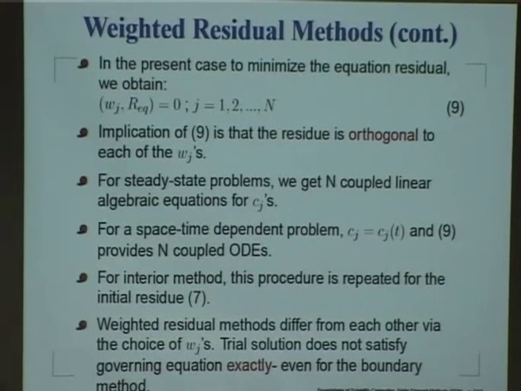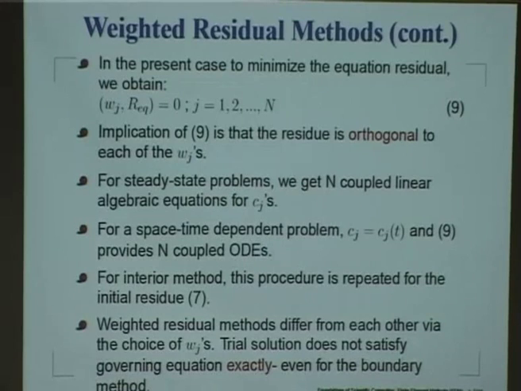Correlation means non-orthogonality. Orthogonality means non-correlation. If two functions are not correlated, the integral of the whole thing should be equal to 0, right? So here also we are saying that I will choose my trial solution in such a way that the residue of the equation that I would get should be orthogonal to some particular choice of Wj's. Okay, that's what the second point implies here.